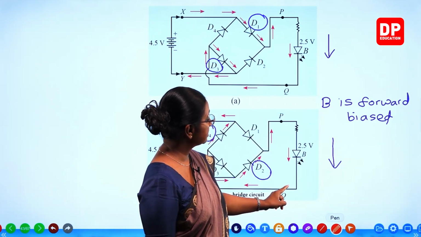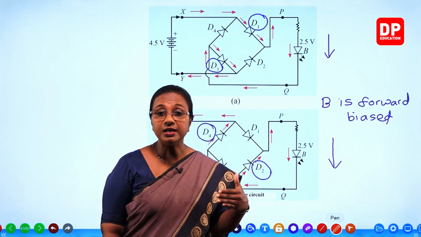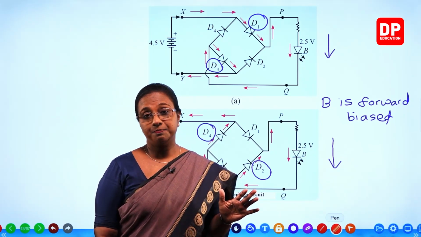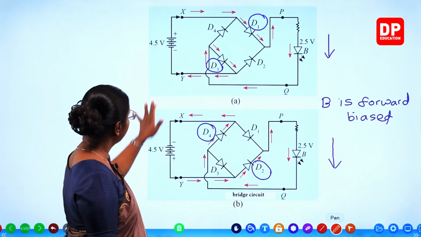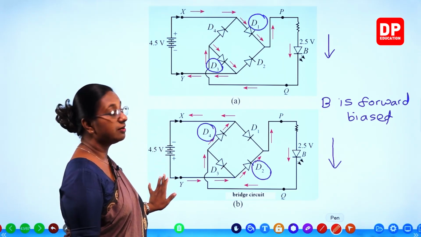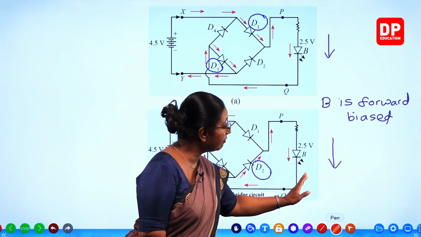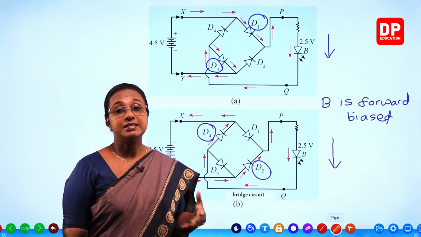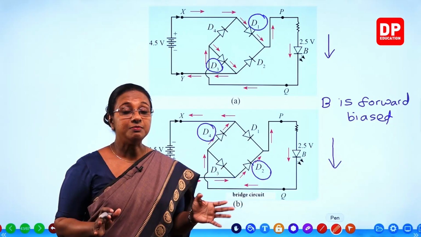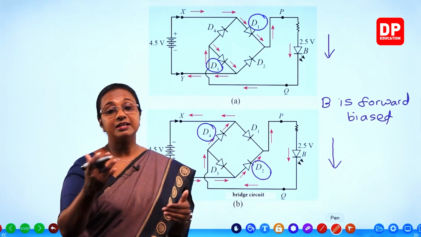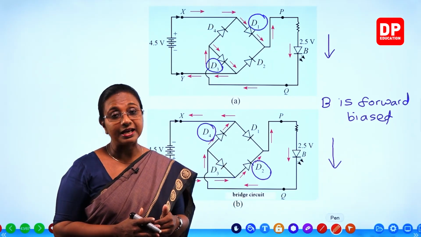In both instances, the current flow through the LED is the same. So that means although the direction of the current flow is different in these two situations, the current flow through the LED bulb is the same. So that means the alternating current is converted to direct current.